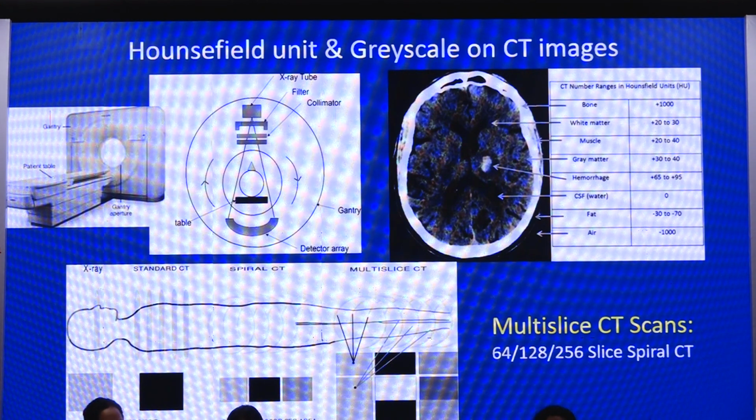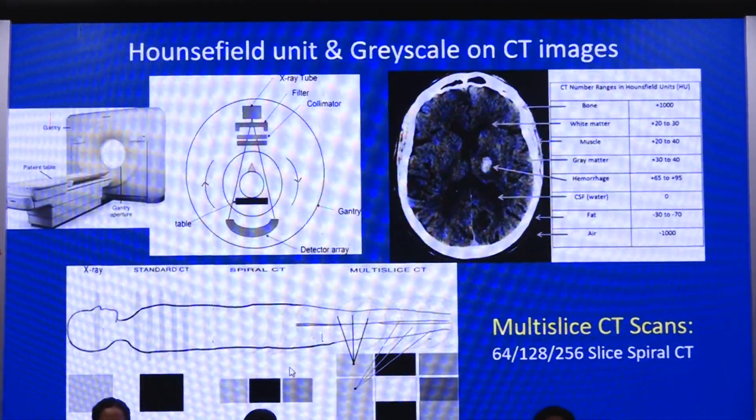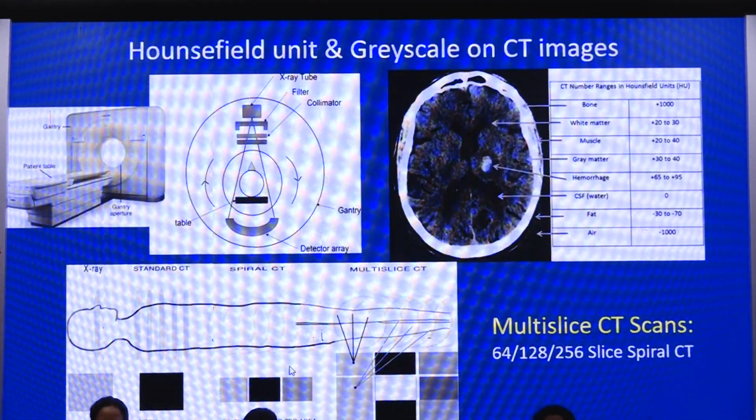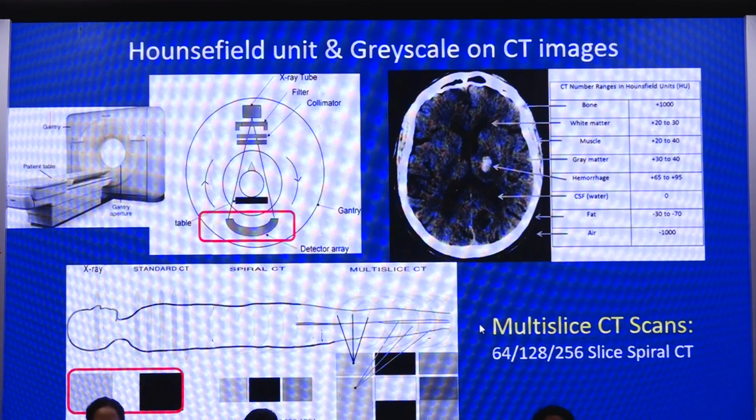According to the number of detectors, it is a 64 or 128 slice. And instead of giving single radiation, spiral radiation is now given, so that not even 1 millimeter of tissue is left unexposed, and you can get every detail of the area you have exposed.